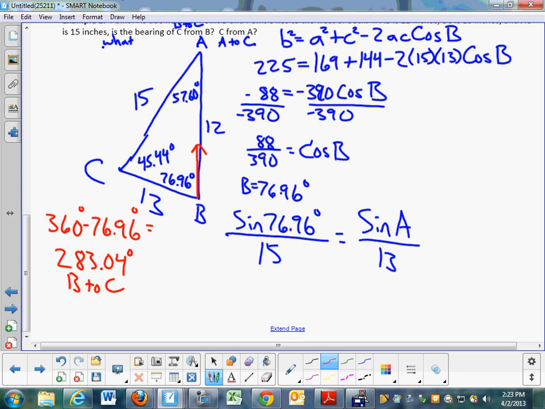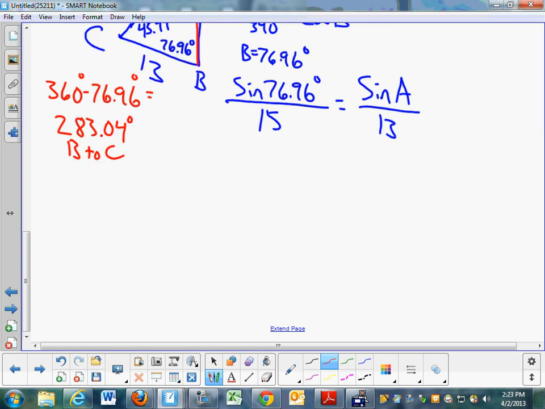Okay, so now if I want to go from A to C, what is A straight down to B? What's that? 180. Yeah, it's straight south. And you're turning 57.6 degrees past 180. So would you add it onto 180 or subtract it from 180? You'd add it.